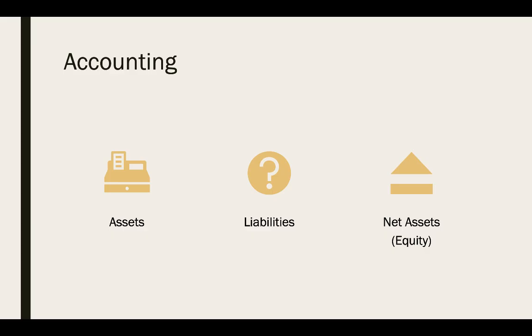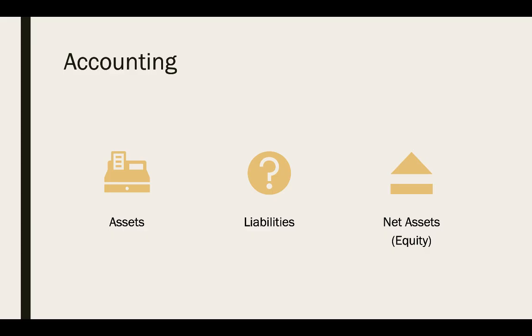Now, on top of revenues and expenses and feeding into them, your accountant or the accounting firm, whether it's in-house or contracted out, is going to track assets and liabilities. Assets are things that you have and can build on, say an ambulance. We have that, and if need be, we can sell it and get some money for it.